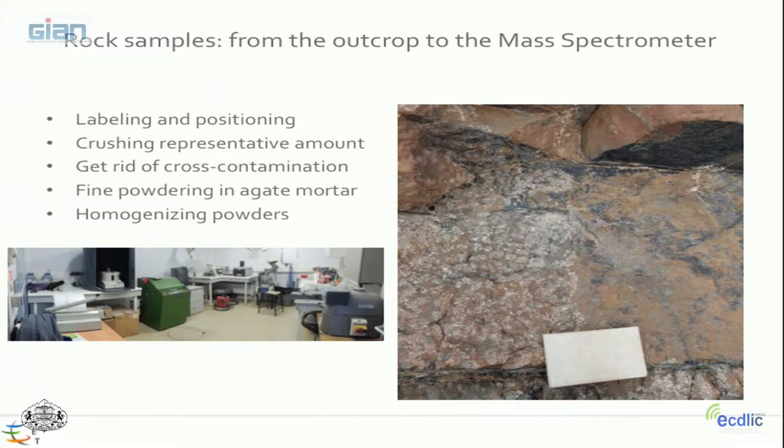But not only the way we are sampling the rock on the field, it's slightly different than the way people were sampling in the past to do, for example, geological mapping. We need, for example, a large piece of sample if you need to date. If you need to date and to get zircon from your granite, for example, you need a big piece like this, okay?